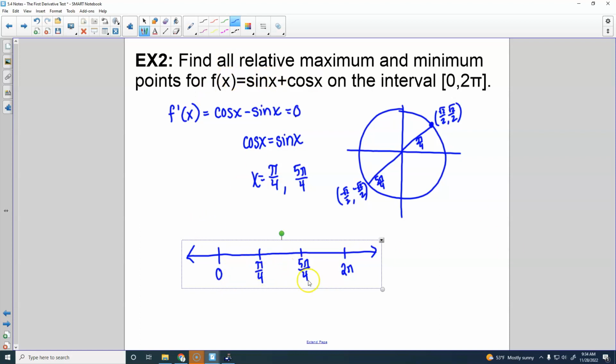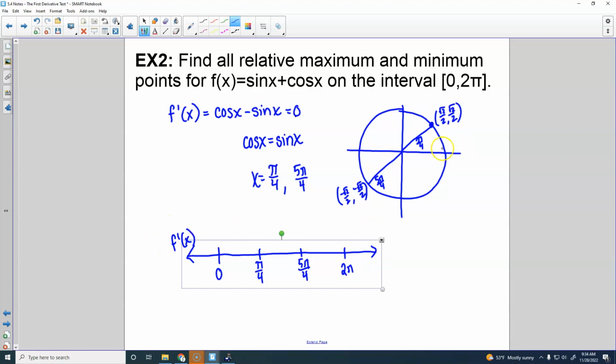We could do 0, pi over 4, 5 pi over 4, and 2 pi. And that would help us find the highest value would be absolute maximum, lowest value would be absolute minimum. When we're looking for relative maximum or minimums, we might have a relative maximum or minimum that is not the highest or lowest point. So we've got to check increasing, decreasing here. So f prime of x, I'm going to label here.